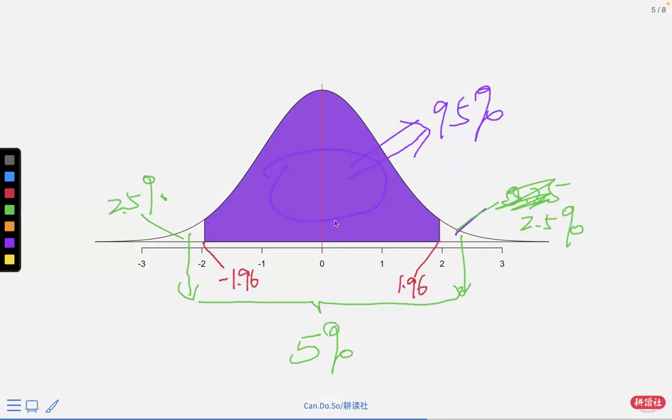Here we use a standard normal distribution, so this is centered around zero with a standard deviation of 1. So we use close to 2 standard deviations.